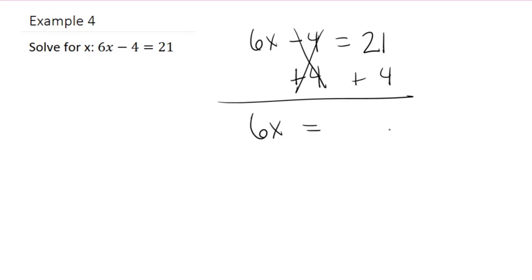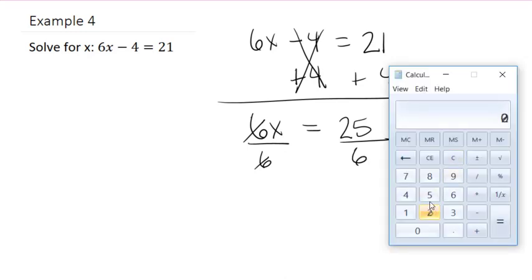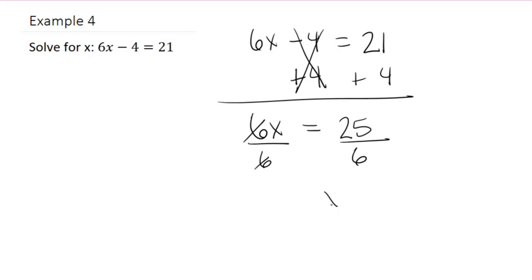Now we have 21 plus 4, which is 25. Now to undo multiplication, we divide on both sides. So we get 25 divided by 6, which is equal to 4.17, as we're going to round to the nearest hundredth. So x is equal to 4.17, and that would be our final solution.